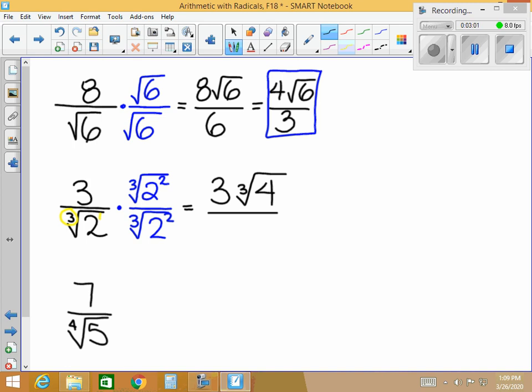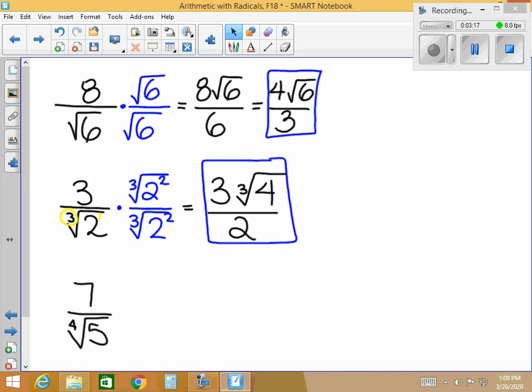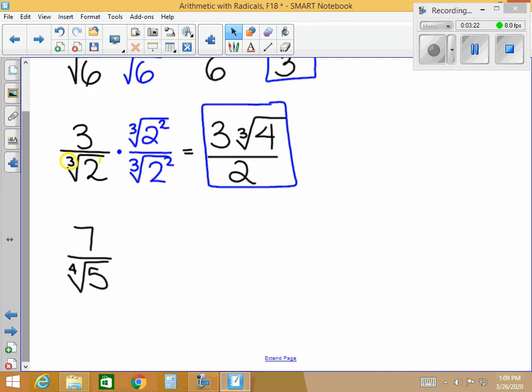But on the bottom, I now have the cube root of 2 cubed. And the cube root of 2 cubed is just plain old 2. Now because the 3 and the 2 have no factors in common, more exciting than 1, that is in lowest terms. And so I circle 3 times the cube root of 4 all over 2.